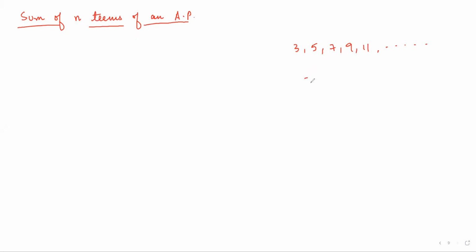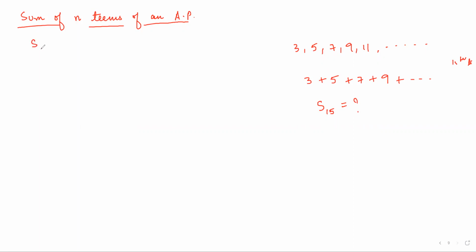But if I write it like this, 3 plus 5 plus 7 plus 9 and so on, up to the 15th term, I want to find the sum of the first 15 terms. So how will I find it? Understood? So I'm just adding the terms. Yeah, so I have a formula for this.